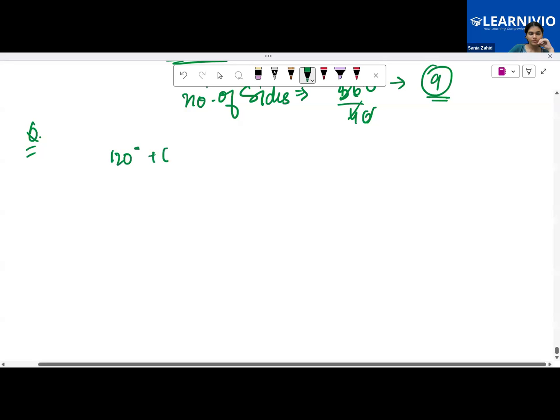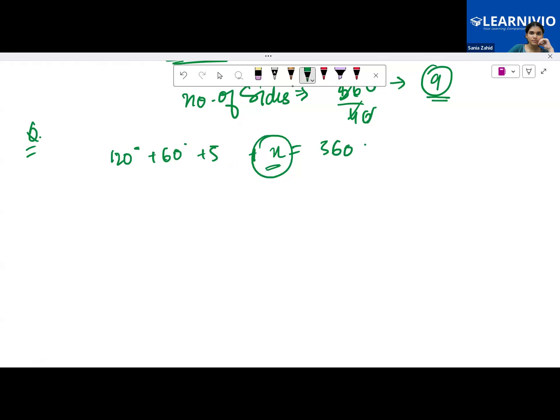Find the fourth angle. Tell me how will you find it. Let's consider the fourth angle is x. What is the sum of these angles? It will be equal to 360 degree. Can you not find x? Yes, ma'am. Simple. You do it like this. Okay, ma'am. Now my doubts are done.